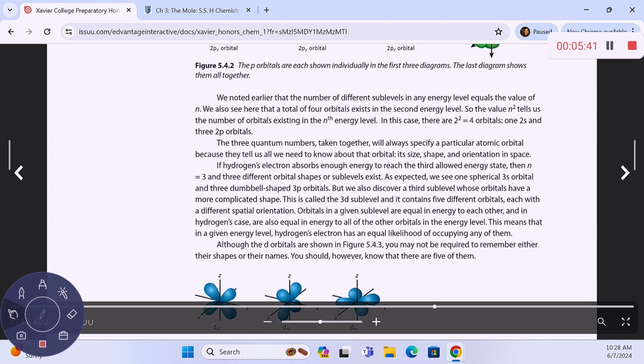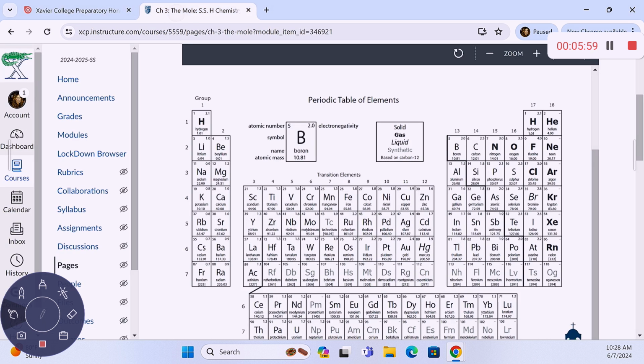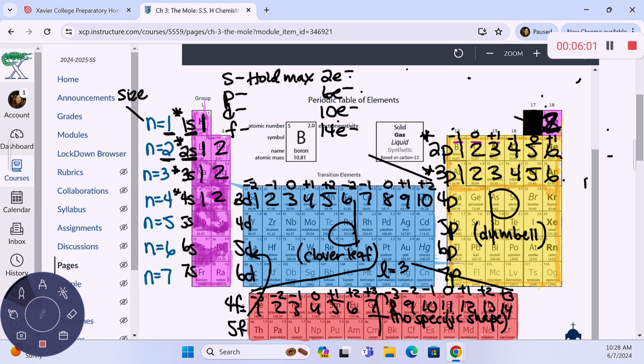As a shortcut, you want to know how to identify the number of orbitals in an energy level n. N squared tells you how many orbitals exist in an energy level. Okay, so let me explain that by going back to your periodic table here.